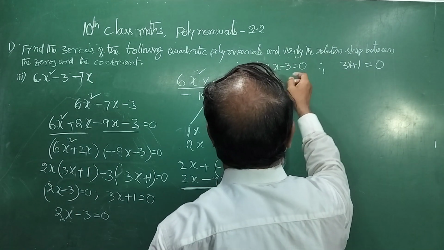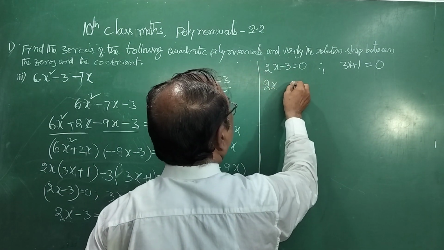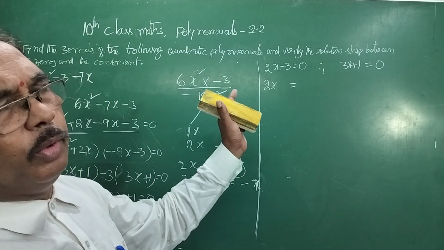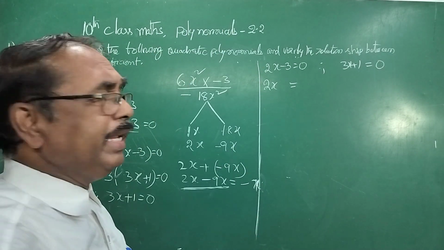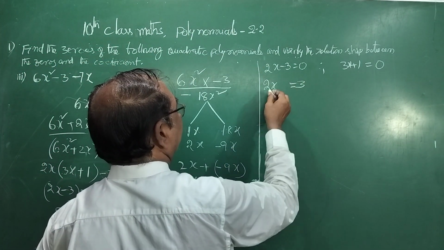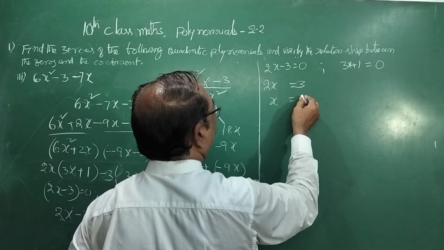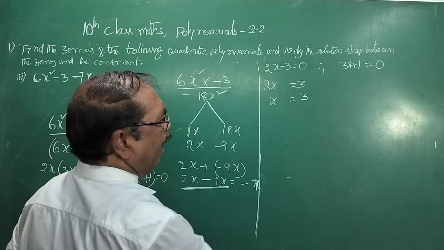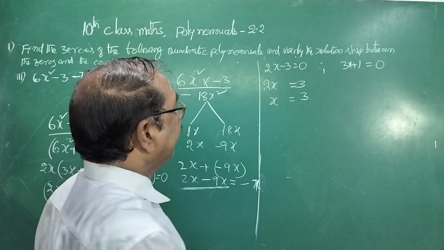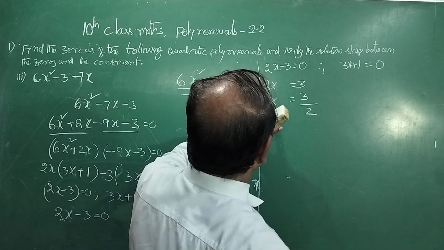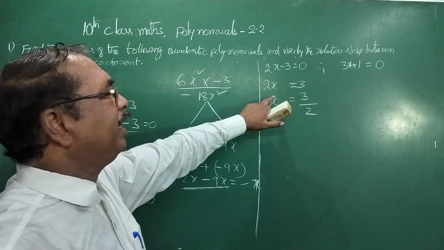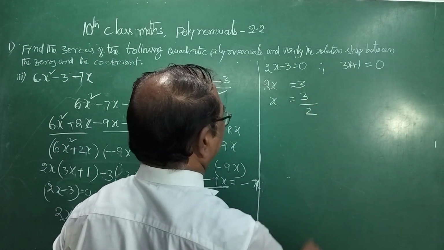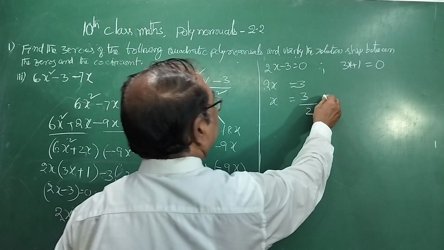Let us find out. 2x is equal to, when minus 3 goes to the other side of the equal sign, plus 3. Now we have to find the x value. 2x means 2 into x. Here the multiplication symbol is there, and on the other side it becomes divided by. x is equal to 3 by 2.